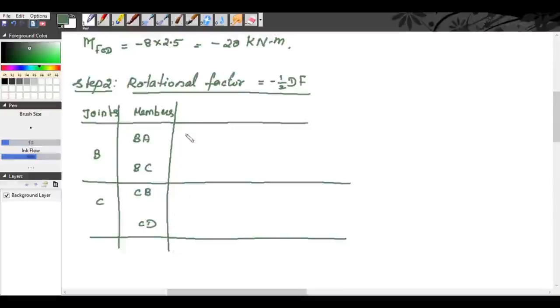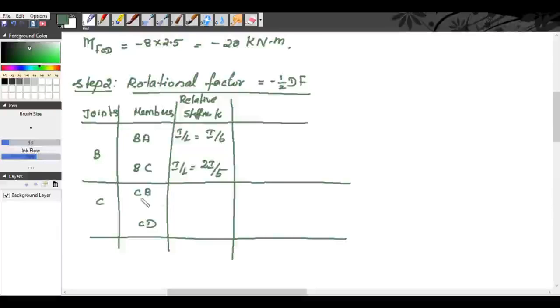So now we will find the relative stiffness. We know relative stiffness is represented as a small k. So it is I by L. For the span BA, I is I and L is 6 meter. For the span BC, again it is I by L because the far end is assumed to be fixed. So for the span BC, I is 2I and L is 5.